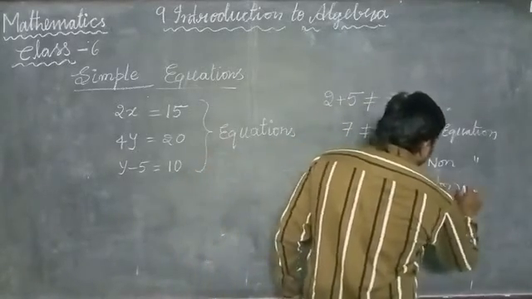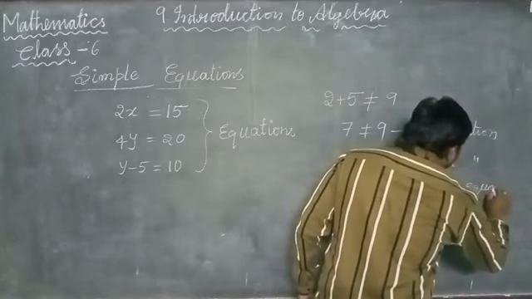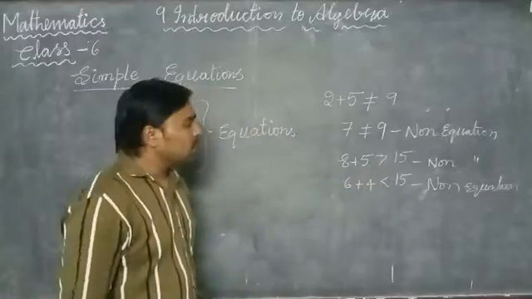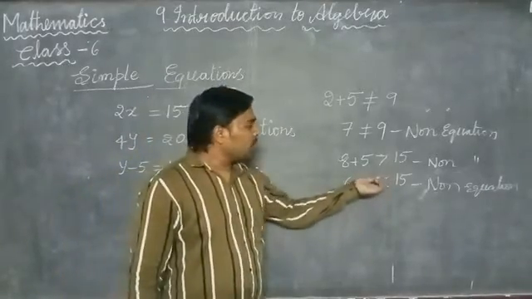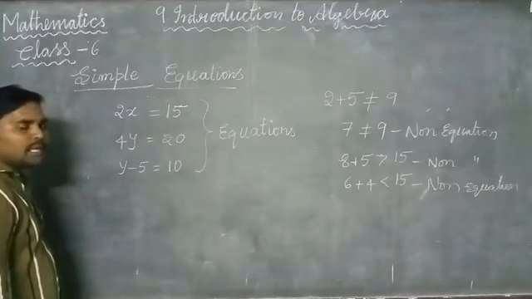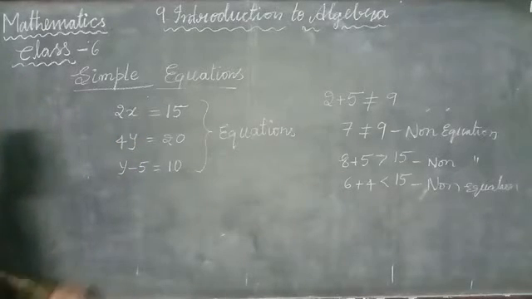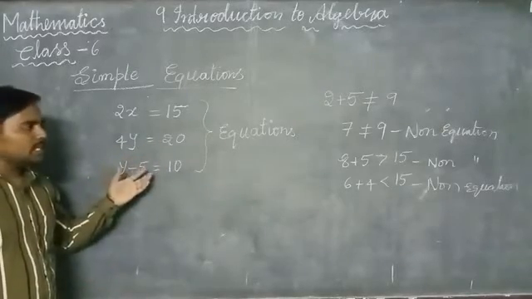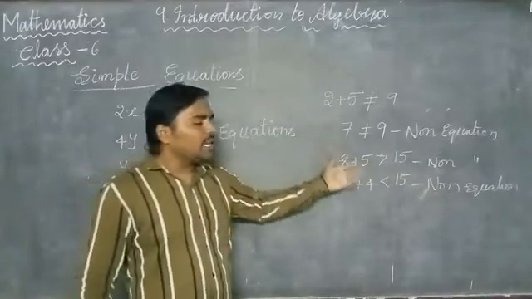Why? Because there is no equals symbol between the two terms. If there is an equals symbol between any two terms, that will be considered an equation. These are the examples for simple equations, and those are the examples for non-equations.